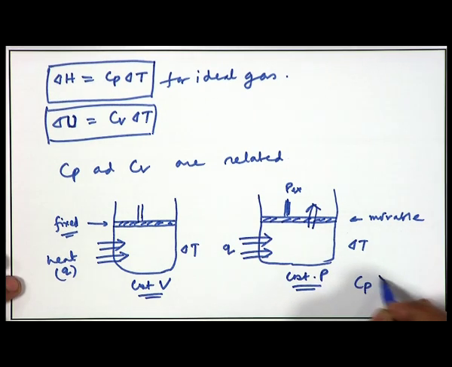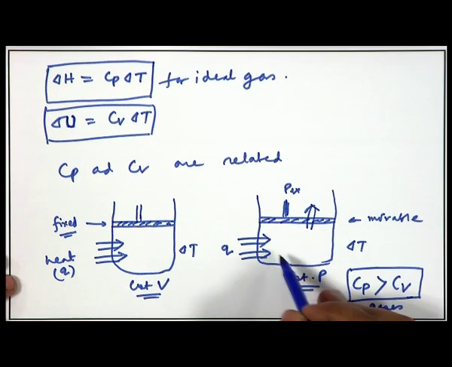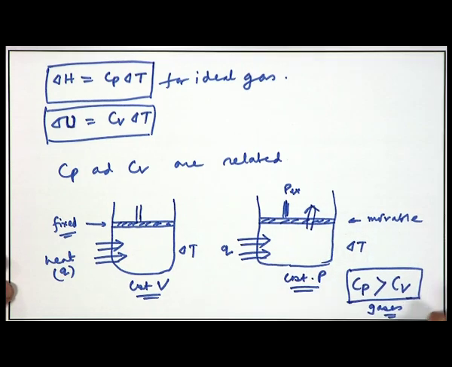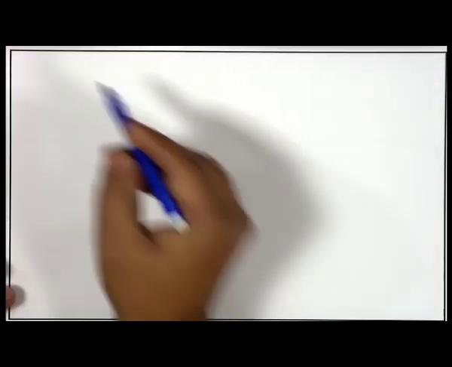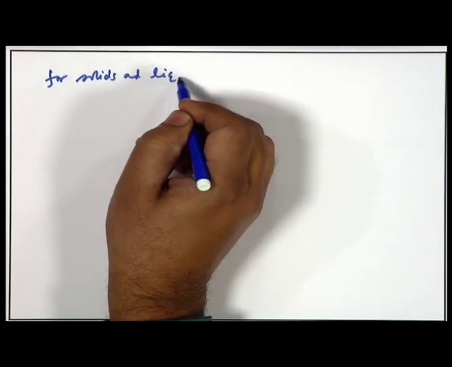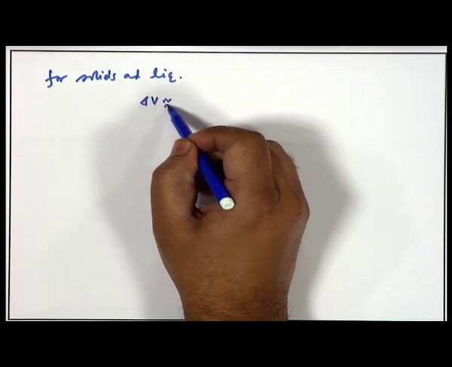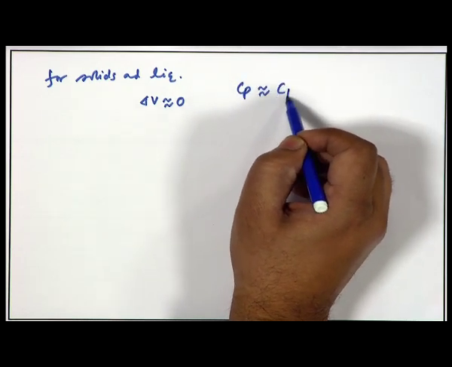So, Cp is greater than Cv, and this is true mainly for gaseous substances, because in the case of gas the volume change is significant, and as we have talked earlier, for solids and liquids, the volume change del V is generally negligibly small. So, Cp is nearly the same as Cv.